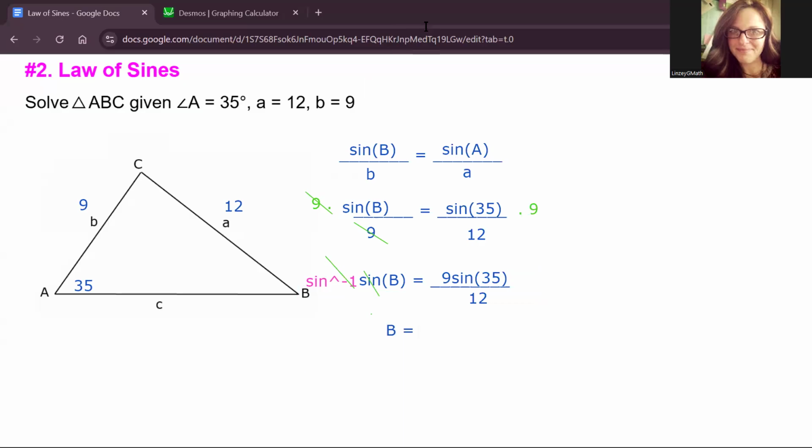So we will take inverse sine or arc sine of this entire side. So let's do that. We'll do arc sine of 9 sine of 35 divided by 12. And I'll show you in Desmos here.